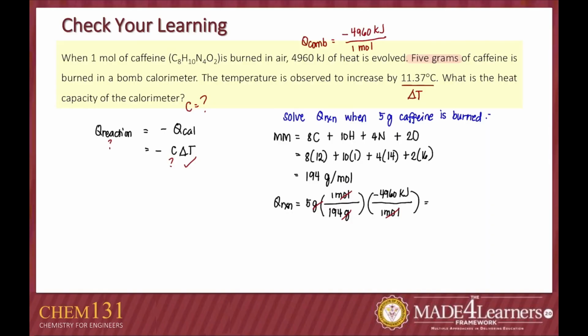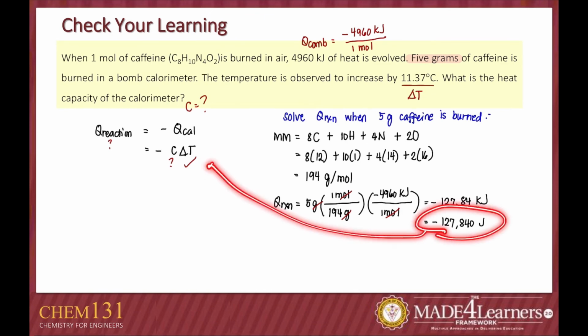So 4,960 times 5 divided by 194, we get approximately negative 127.84 kilojoules, but we have to convert this to joules, so that's negative 127,840 joules. But remember, this is just a rounded off value, but we don't actually use this value in solving here. Okay? Kinahanglan ang whole value ang gamiton.